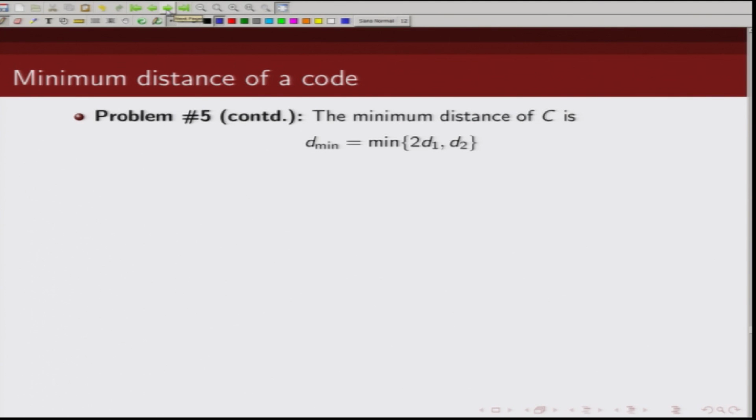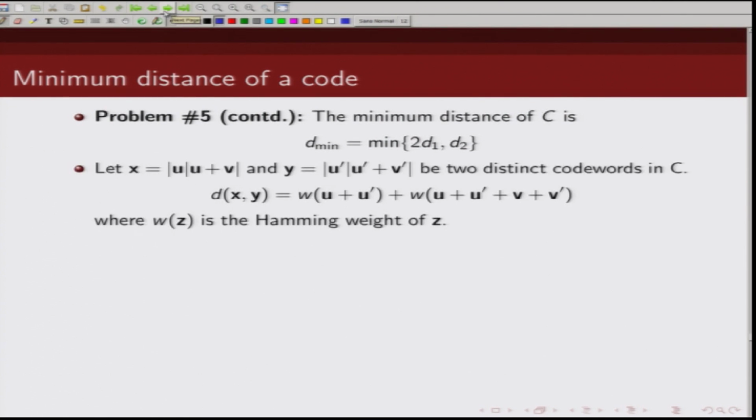Now, we will show that the minimum distance of the code is the minimum of 2 d1 or d2, where d2 is the minimum distance of the code (n, k2) and d1 is the minimum distance of the code (n, k1). So let us consider two distinct code words X and Y. We denote X as the concatenation of U and U plus V, and Y as U prime and U prime plus V prime.